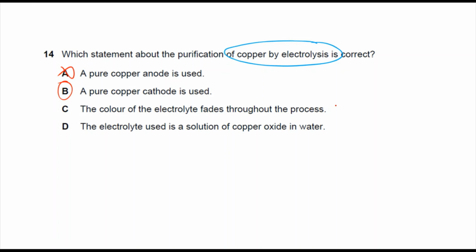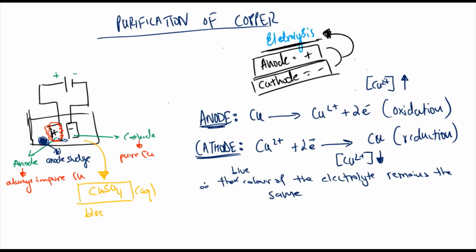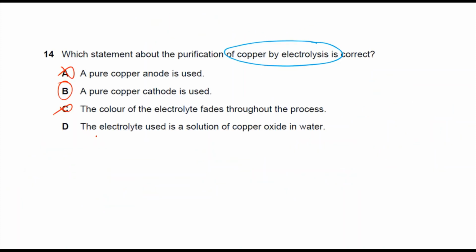C, the color of the electrolyte fades. No, it does not. It will fade if the electrodes would have been graphite. ठीक है, क्योंकि उसमें कॉपर आपका डिस्चार्ज होता रहता है तो उसकी कॉन्सेंट्रेशन गिरती है. इधर क्या हो रहा है? इधर वो बढ़ भी रहा है, कम भी हो रहा है, तो उसकी ओवरऑल कॉन्सेंट्रेशन कांस्टेंट रिमेन करती है. D, the electrolyte used is a solution of copper oxide. नहीं हो सकता.